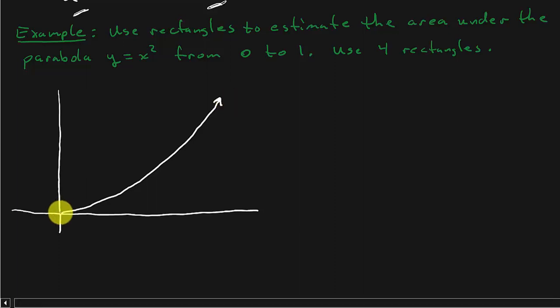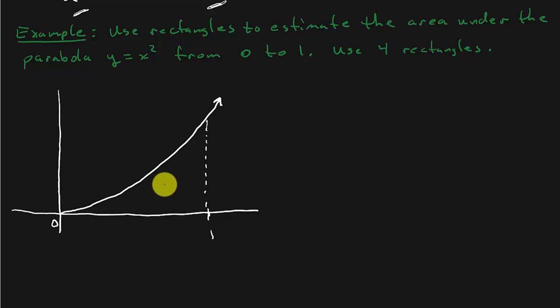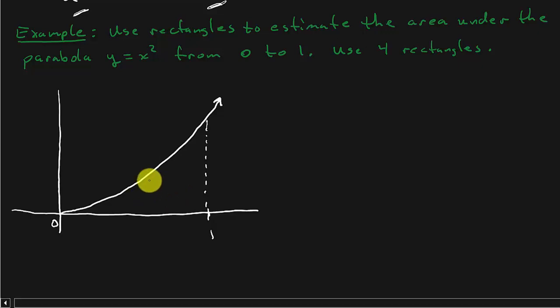Of course, it goes off that way too, but we're only interested from 0 to 1, so we don't really need this part of the graph. And so we'll say this is 0 and we'll call this 1 over here. And so this is the area that we're looking for, this area right in here. Now, we're going to break this up into 4 intervals, 4 rectangles.